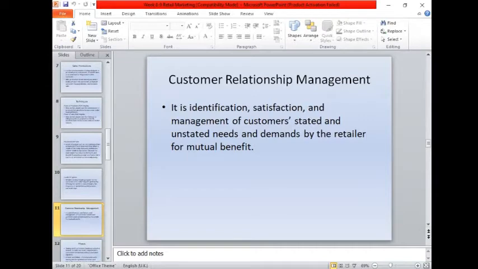Of course, the Data Privacy Act should be complied with. You have the database of your customers because of the loyalty cards or membership cards, but you should not disclose it in public because of the Data Privacy Act.